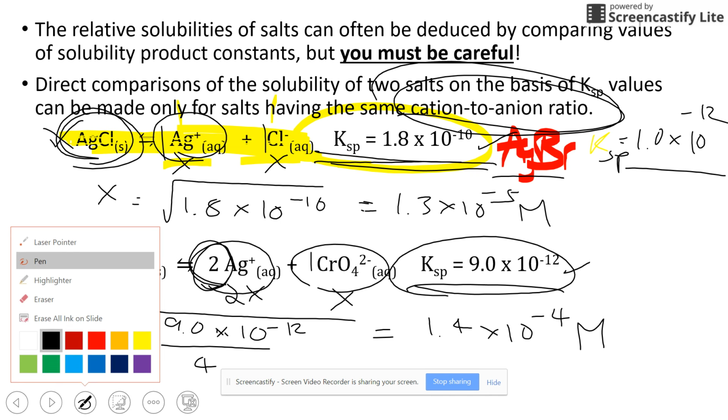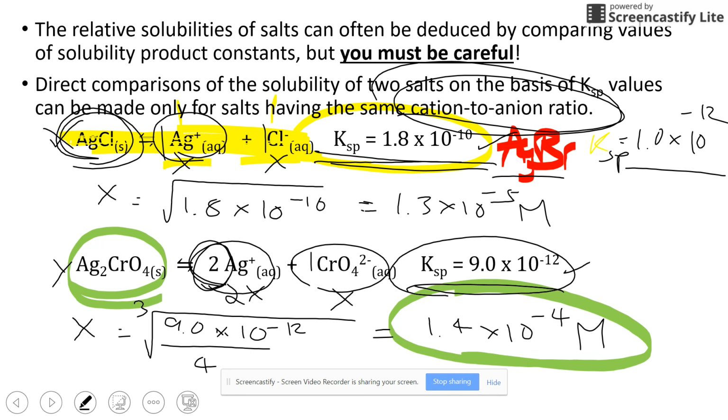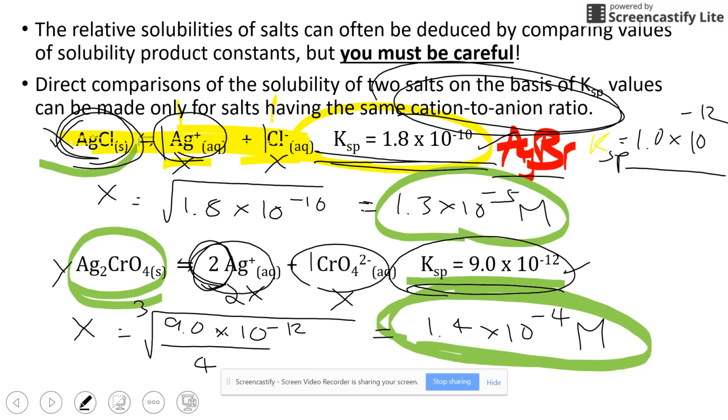Now compare. Let's bring the highlighter. You can see here the solubility of silver chromate is larger than this one. Although the KSP is smaller, the solubility is larger, so you cannot compare the KSP of salts that have different cation and anion ratios. Okay, that's it.